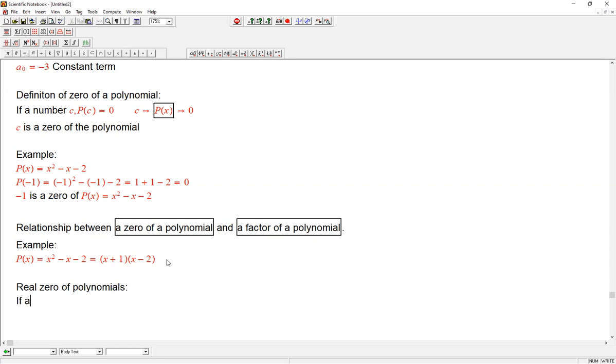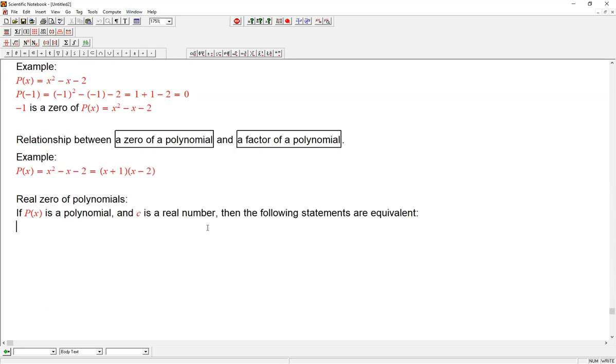If P is a polynomial and C is a real number, then the following statements are equivalent.